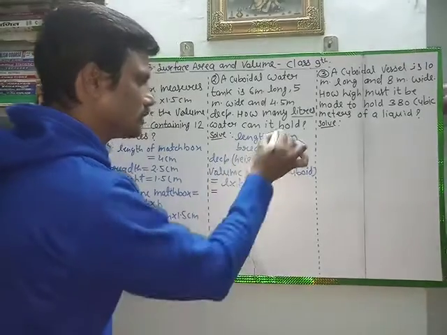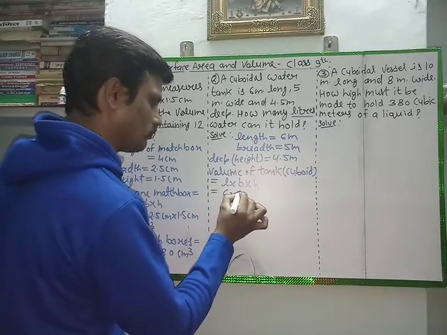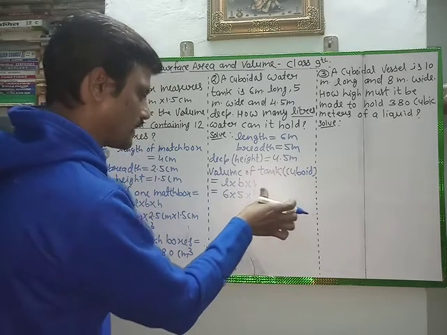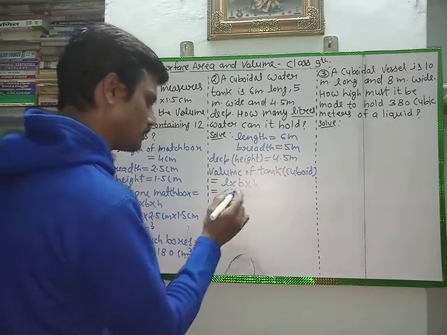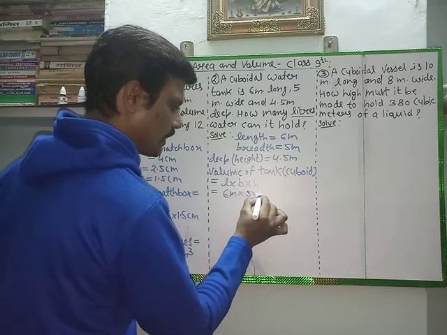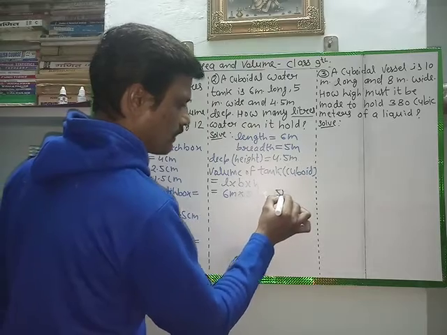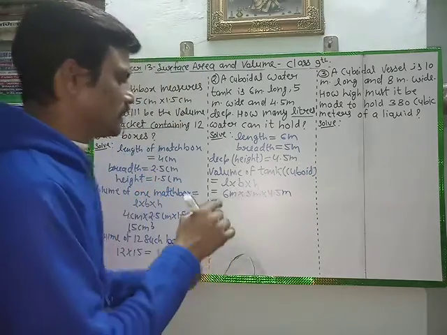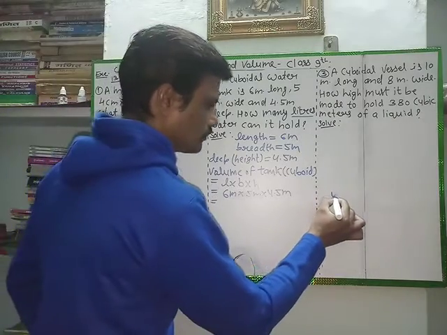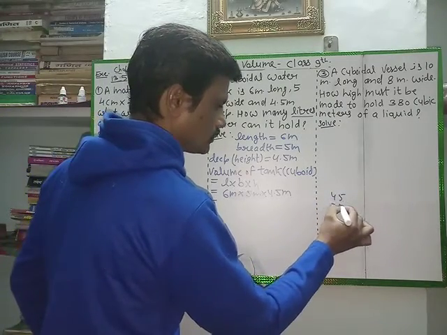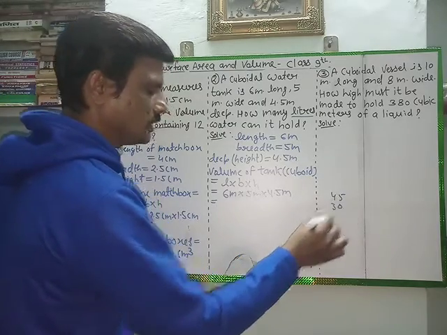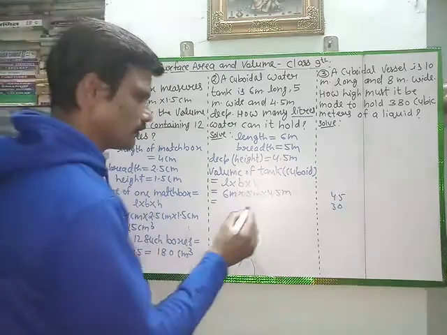So put the values: 6 multiply with 5 multiply with 4.5, and you can write meter also here: 6 meter multiply with 5 meter multiply with 4.5 meter. Calculate this: 30, and 30 multiply with 45.